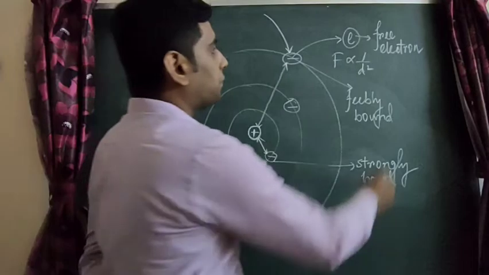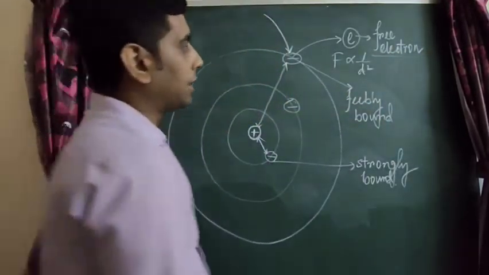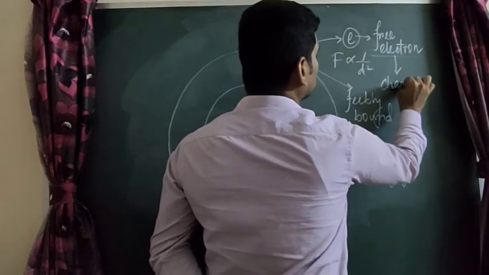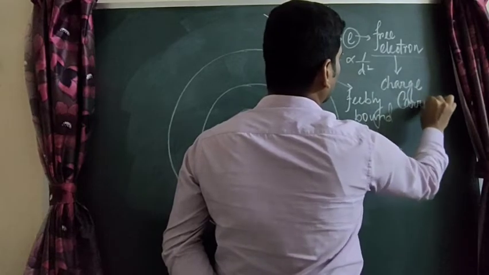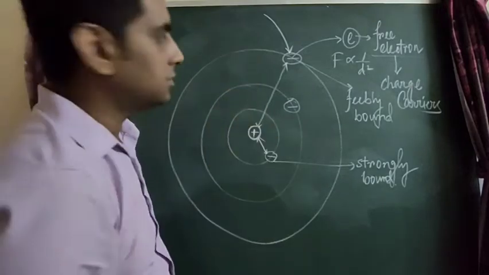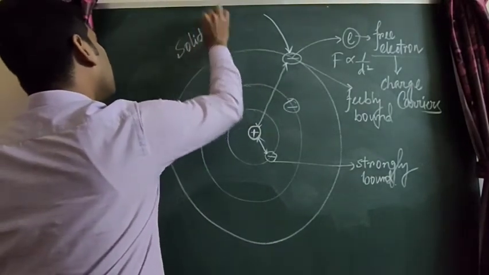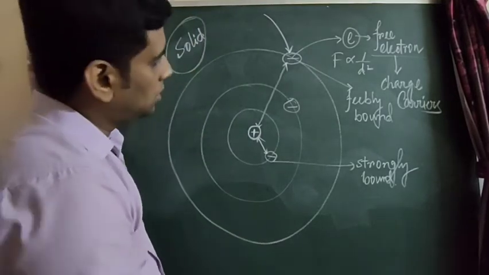And these free electrons are responsible for carrying the charge in a solid. So they act as charge carriers. So in case of a solid, free electrons act as charge carriers.